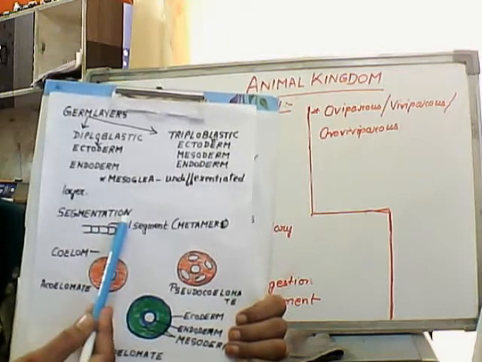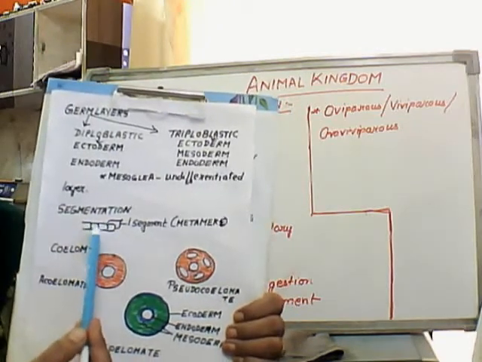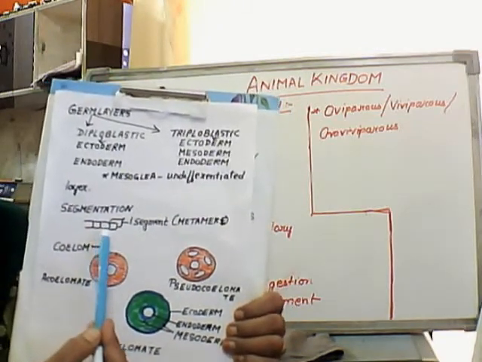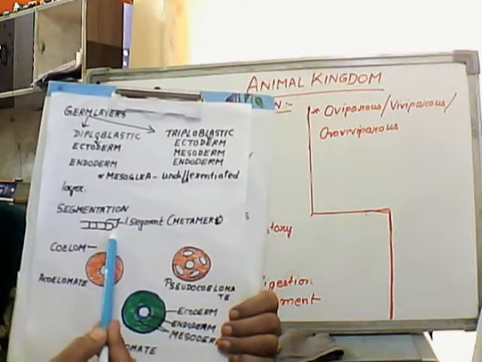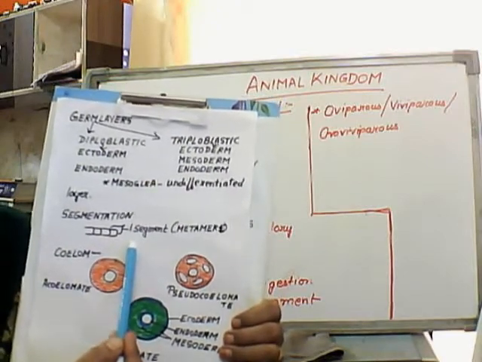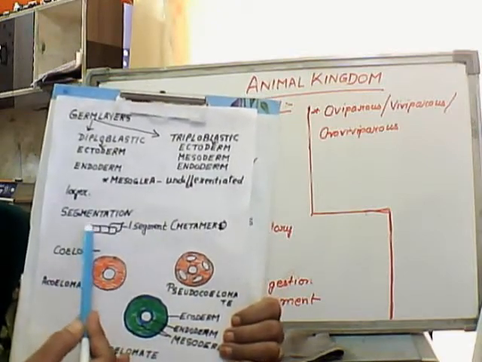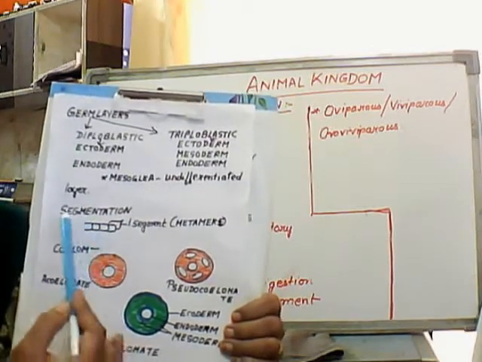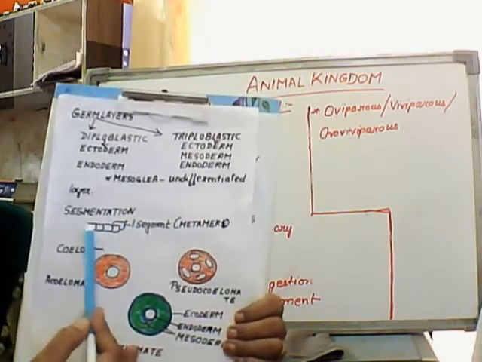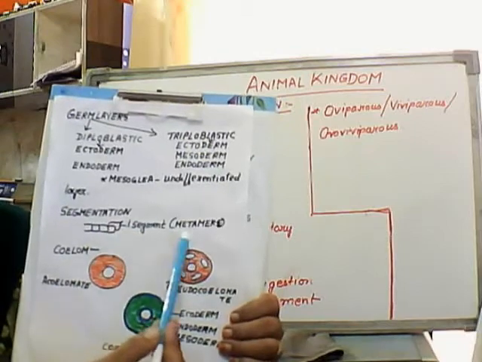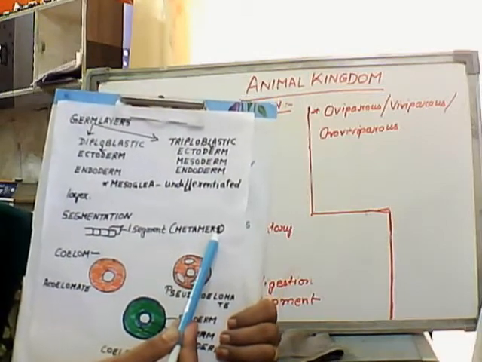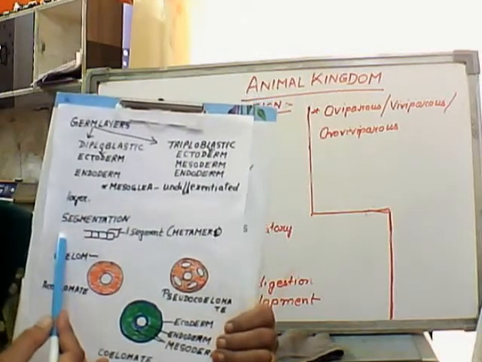This particular character is present in the phylum Annelida as well as in the Arthropoda. Besides this, some other examples too are there. If they have this kind of division, it is said to be segmentation, and each of these segments is termed as metameres. So this is another character.